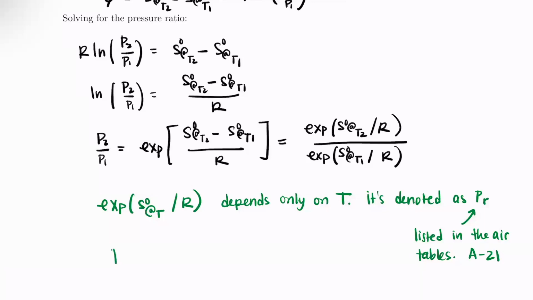So we have that PR at some T is equal to the exponential of S0 at T divided by R. And this has no units.